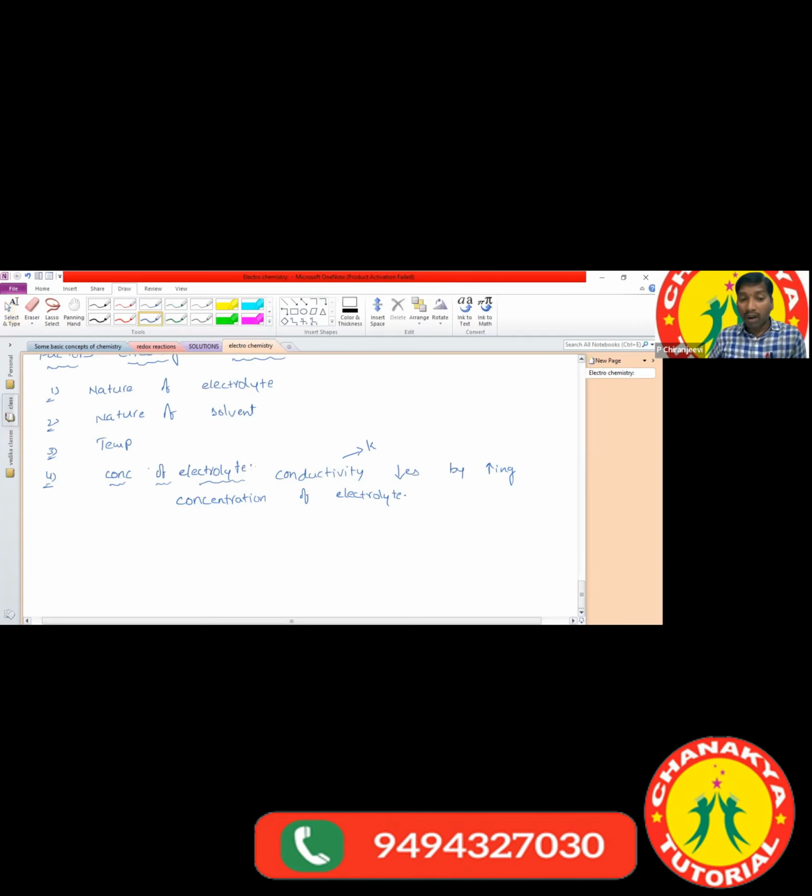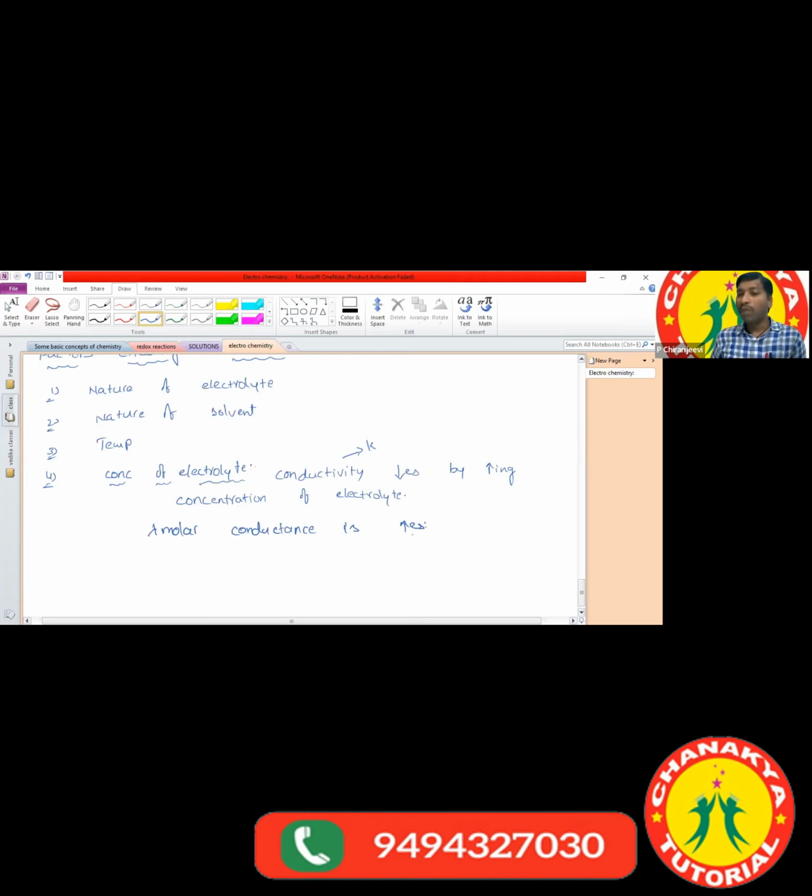And molar conductance increases with dilution. Why does molar conductance increase? Molar conductance depends upon the number of ions in a unit volume of the solution.